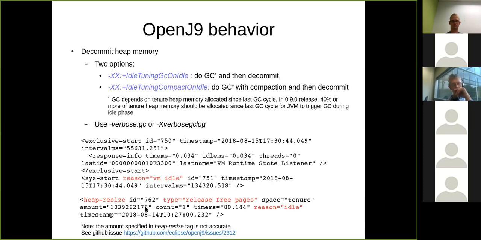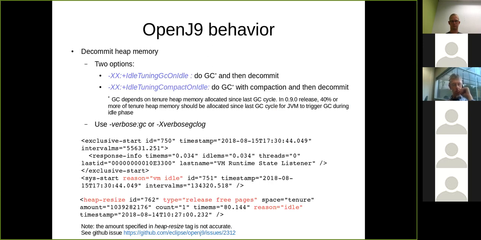But this information is currently inaccurate because we are not keeping track of which free pages are actually backed by physical pages or not. This information is not correct. If we want to measure how much memory footprint has gone down due to idle tuning, then I would suggest to observe the resident set size of your process.